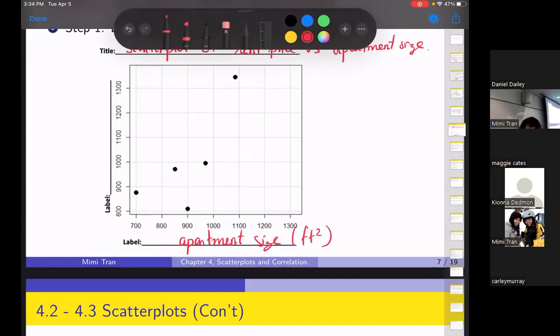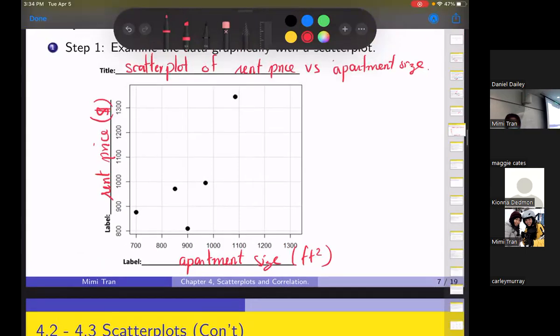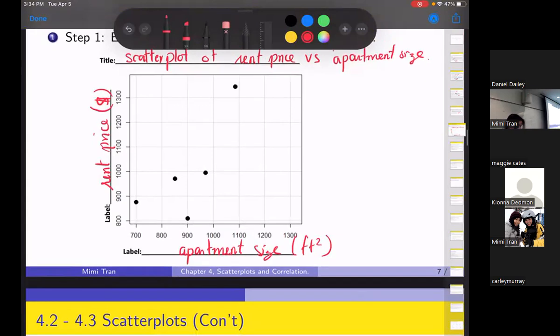And then for the y, it's gonna be rent price in dollars. Okay, so say if it's 700 square feet, it costs you roughly what, 880? If it's 850 square feet, it costs you roughly 960 or 970 dollars a month.